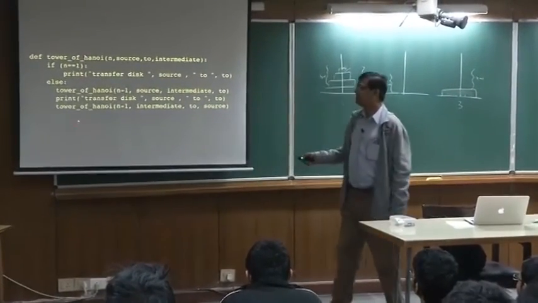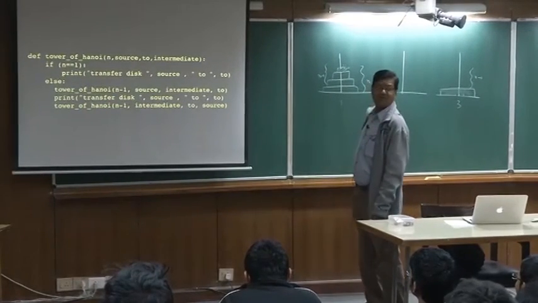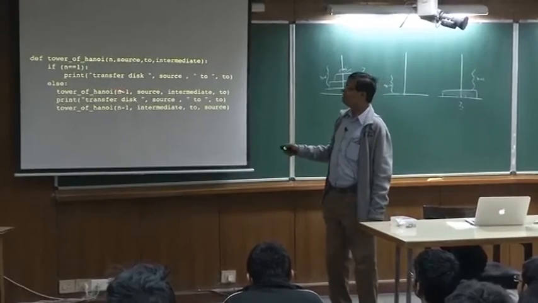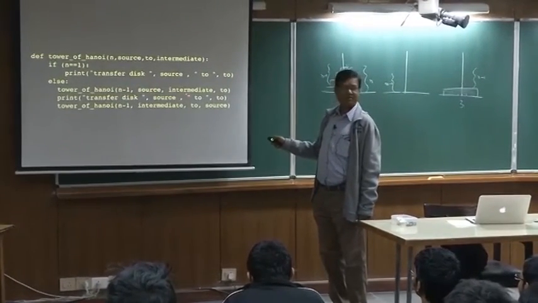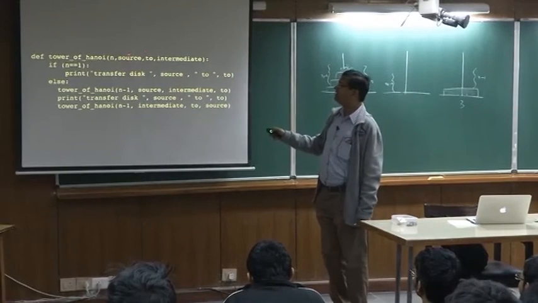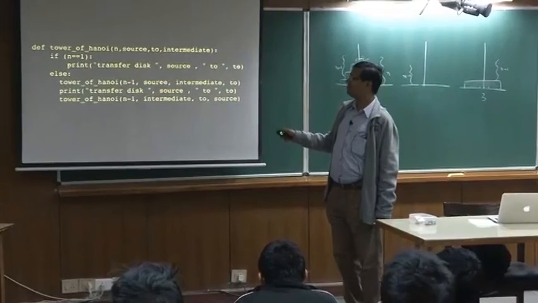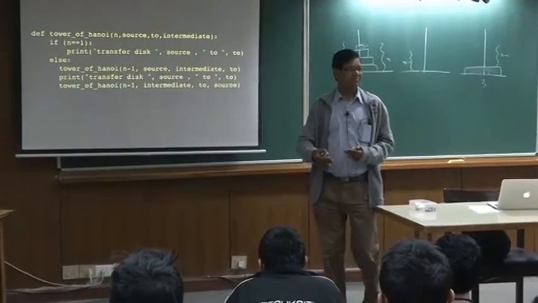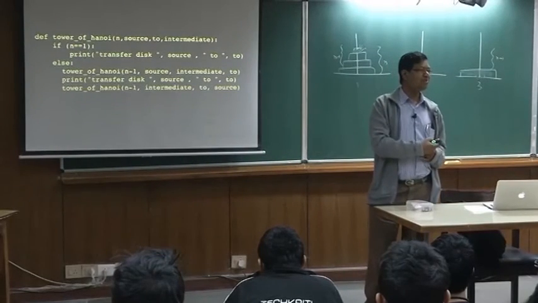But suppose we had more than 1, then you follow the same thing which I told. Transfer n minus 1 from source to intermediate. So the first argument is the number of disks, and the third argument is where you want to send. So don't send to 2, send to intermediate, n minus 1.